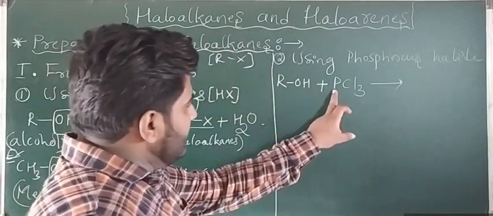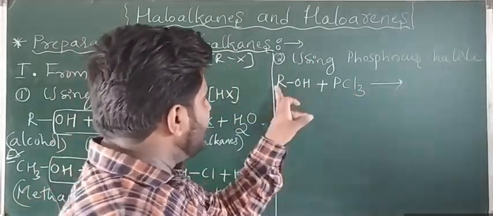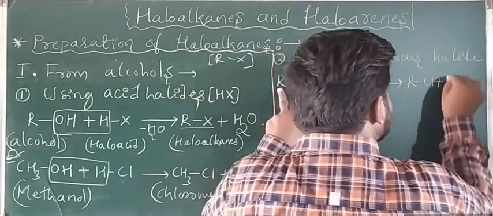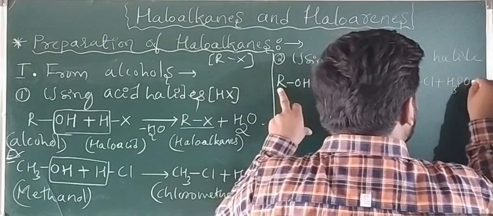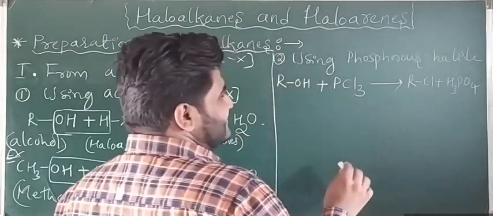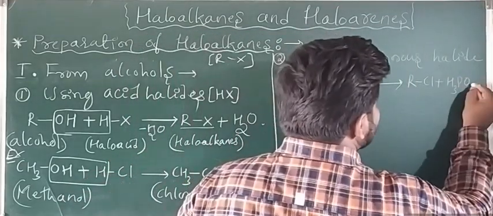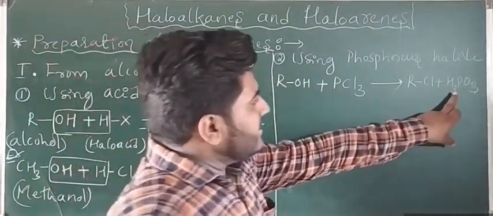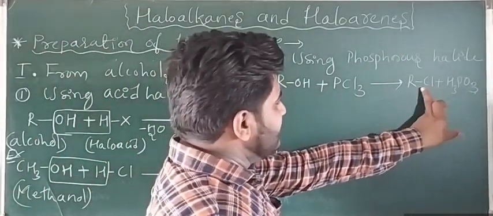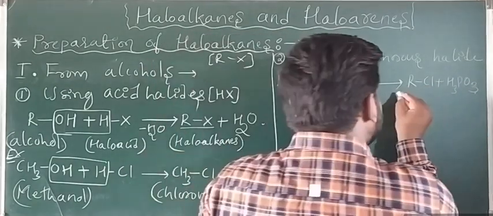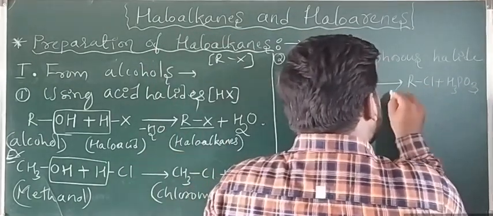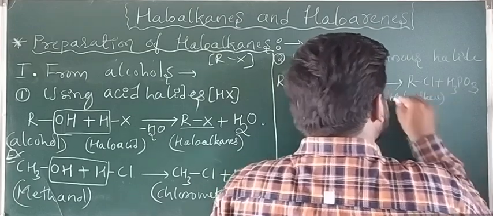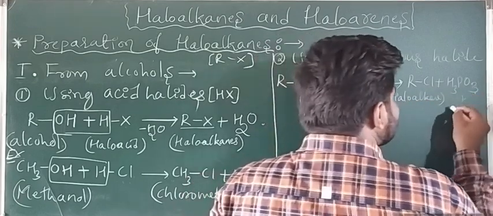If you use phosphorus trichloride, you get RCl and H3PO3, that is phosphorus acid. RCl means haloalkane or alkyl halide. This is phosphorus acid.